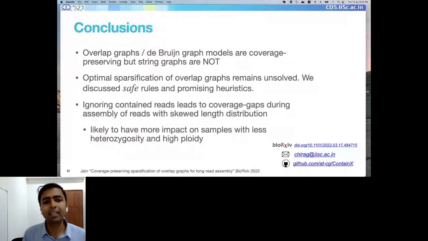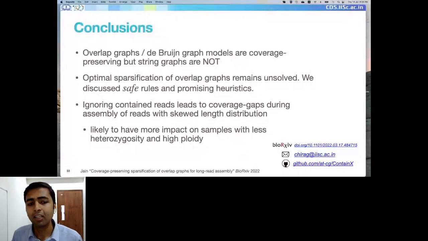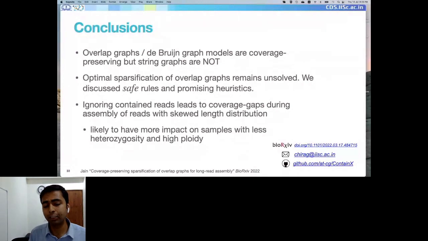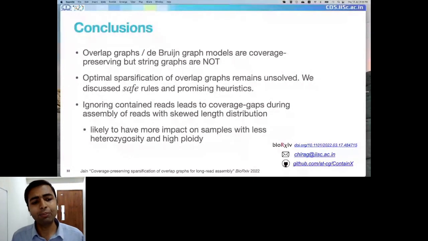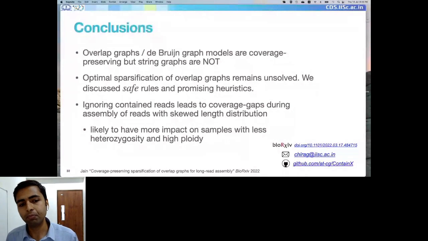In this work, we discuss safe rules and some promising heuristics to carefully select a subset of contained reads. We also saw that ignoring contained reads leads to coverage gaps during assembly of reads which have a skewed read-length distribution, such as Nanopore. And we believe this will likely have even more impact on samples which have less heterozygosity and high ploidy.